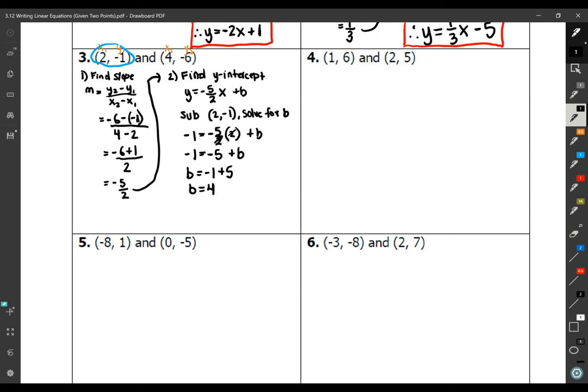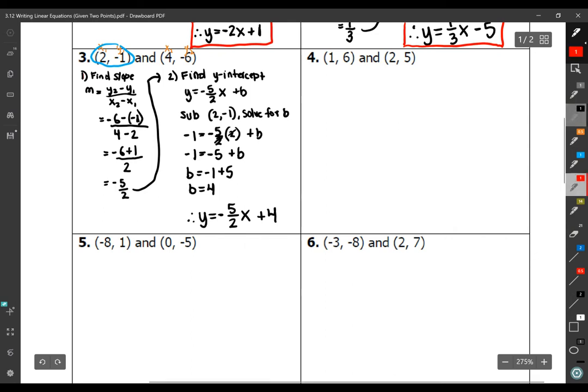And now we can write our final equation. y is equal to -5 over 2x plus 4. Okay, there we go. Okay, next question. Let's do it again. So 1, find the slope. Okay, start with our slope formula.